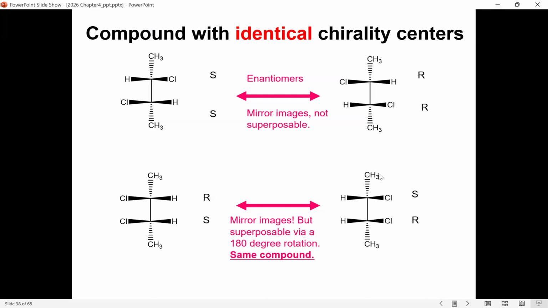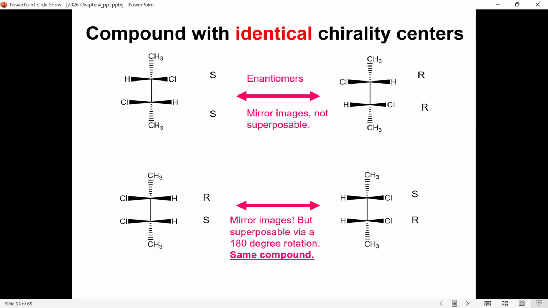Just rotate one molecule 180 degrees. For example, you rotate the right molecule 180 degrees, and then the chlorine will go to the right, and you find these two molecules are superposable. Actually, they are the same compound.